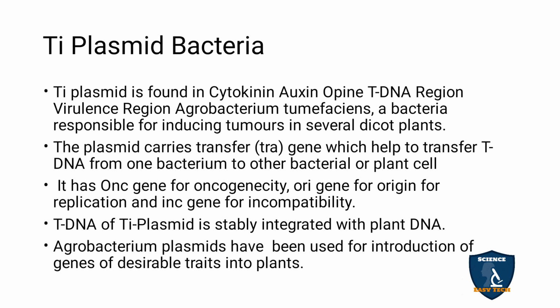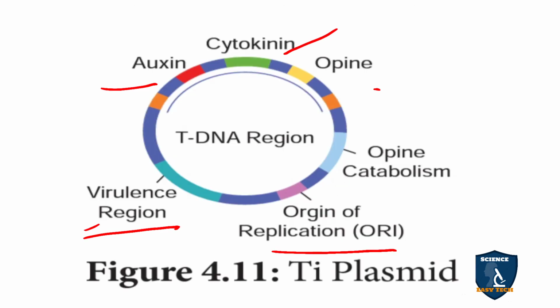So Agrobacterium is used for the introduction of genes for desirable characters in plants. You can see the T-DNA region here, the ORI region, the virulence region, and the auxin, cytokinin and opine regions. This is the structure of the T-DNA.